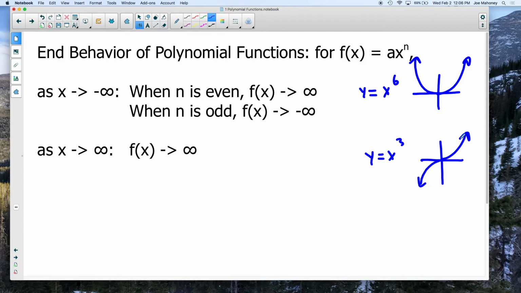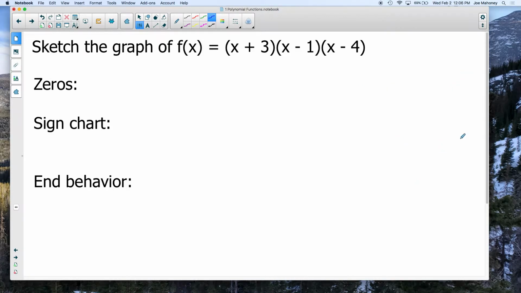Let's talk about how we pull all these things together. I want to take this function here and sketch its graph. First of all, I want to find the zeros of the function. Remember, the zeros are the values that make the function's output 0. It's like when we set it equal to 0.